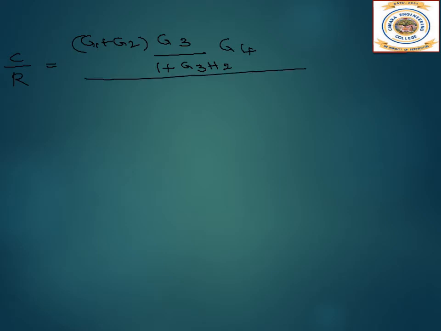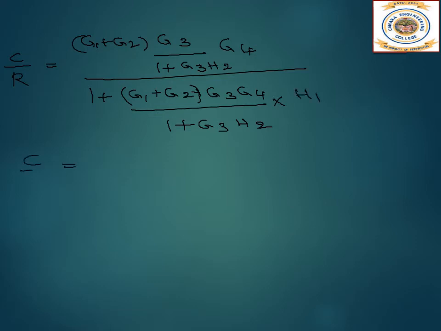So C by R is equal to G1 plus G2 into G3 divided by 1 plus G3 H2, into G4, whole divided by 1 plus G of s, which is the same, G1 plus G2 into G3 G4 whole divided by 1 plus G3 H2, and in the feedback H of s, that is H1.